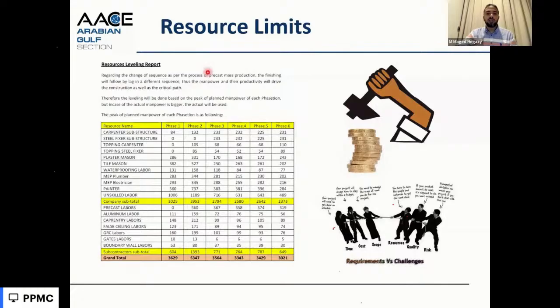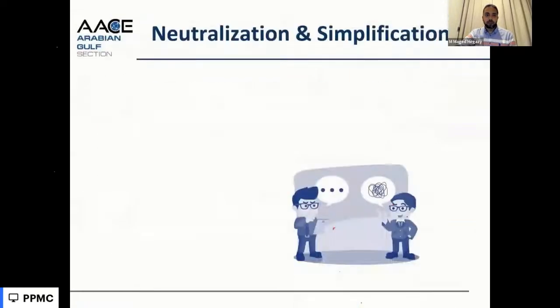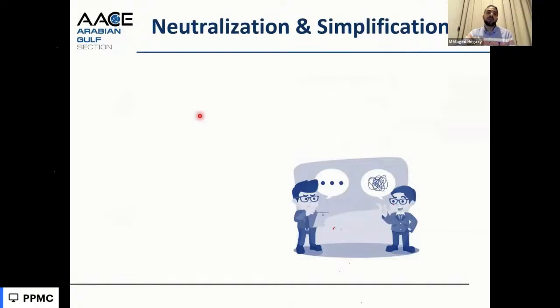In some cases, we apply this to the program, add these resource limits, and make resource leveling on the schedule. In this example, we have total resource limits for each trade, and we apply these limits to the resources. This can affect the calculation of the durations of the activities and make a critical path based on the resource limits, without overlapping the activities without consideration of the resources required.